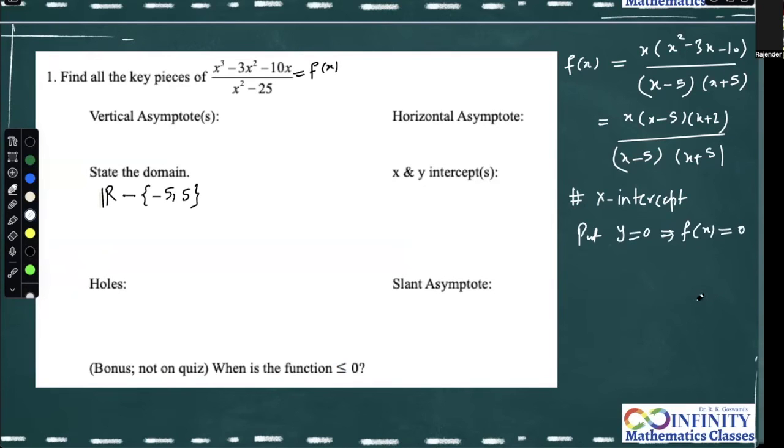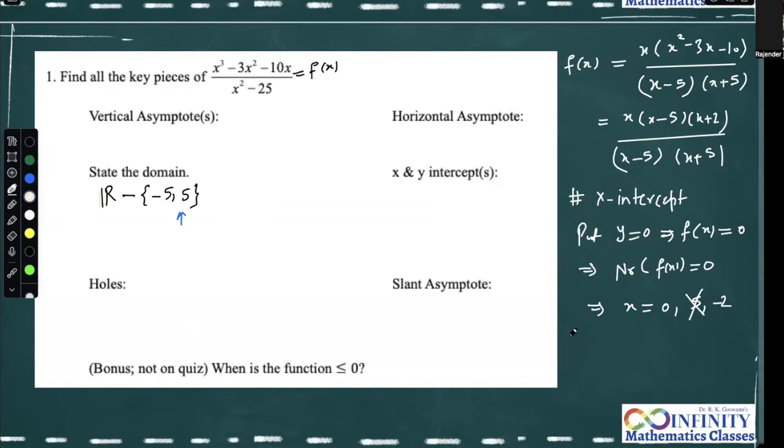Whenever it is a rational function, f(x) equals 0 stands for the points where the numerator is going to be 0. Can you please help me? The numerator is 0 at x equals 0, 5, and negative 2. But I'm rejecting 5 there. Why? Because the function was not defined there. Oh, because it canceled. Yes. So you need to reject that point. So you get the x-intercept without any issue.